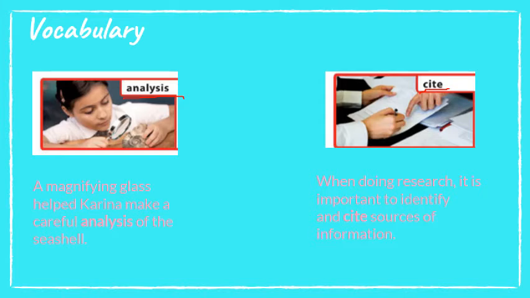So when you make research, you have to cite sources. You have to write and mention the sources where you got the information from, for example, the source of your writing. Okay?